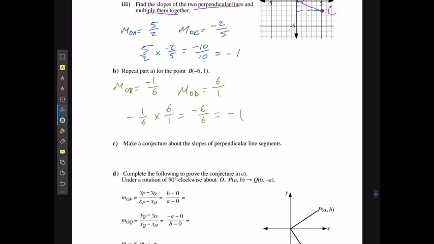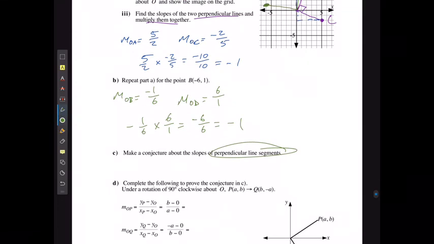If I'm making a conjecture about the slopes of perpendicular line segments, then there are 2 things I can state about this.